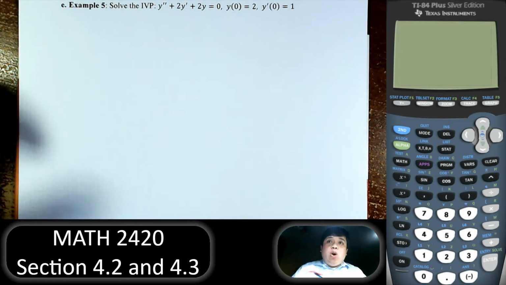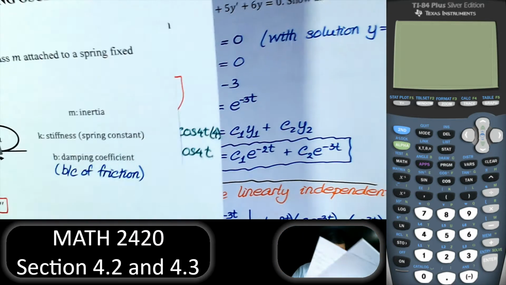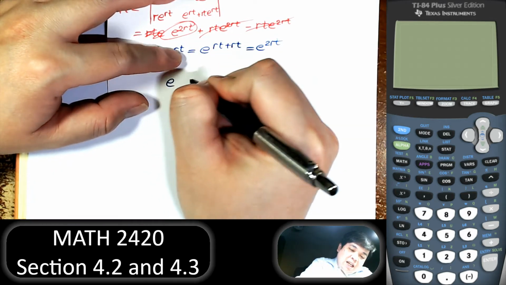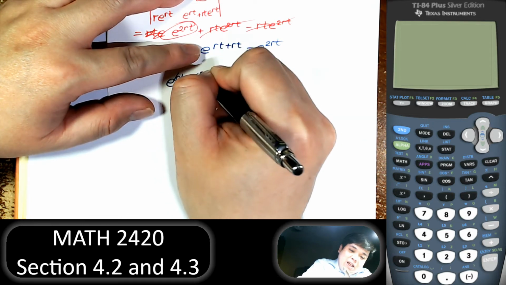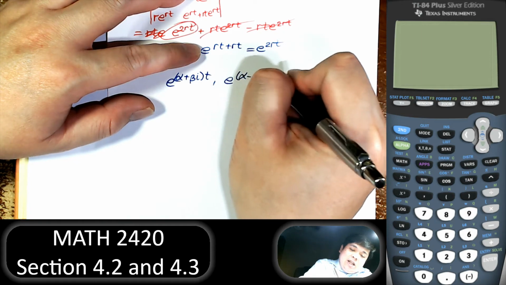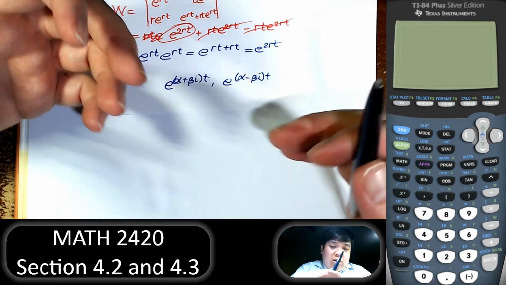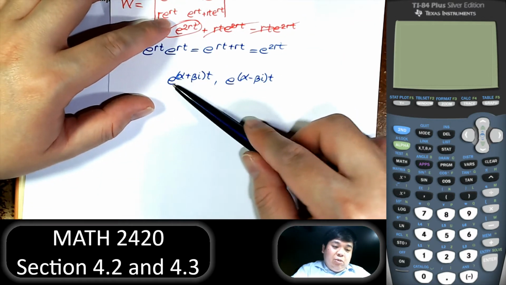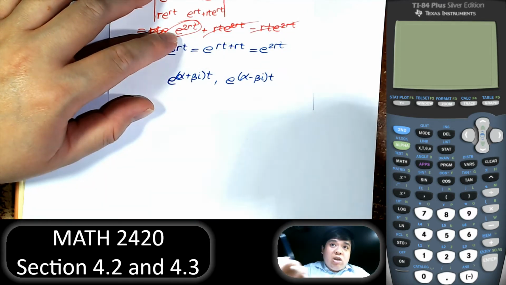Of course, I can show why the solution is in that form. It's not wrong to write the solution as e to the alpha plus beta i times t, or e to the alpha minus beta i t, but with a lot of complex operations, a lot of algebra in complex numbers, we can simplify this to the cosine and sine.